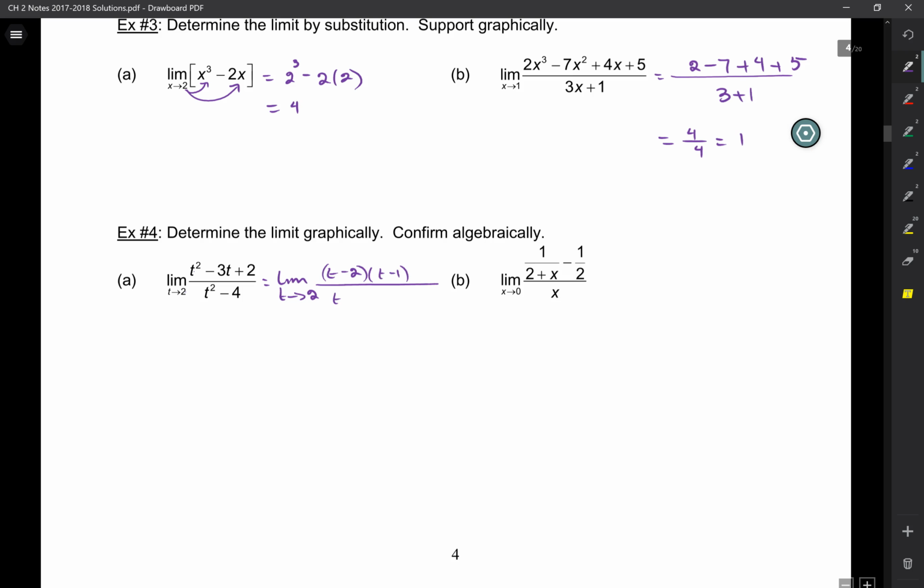The bottom, t minus 2, t plus 2. Yeah, the t minus 2's go away. The limit as t approaches 2 now of t minus 1 over t plus 2. So that we could totally do. And that's just 2 minus 1 over 2 plus 2, 1 over 4.